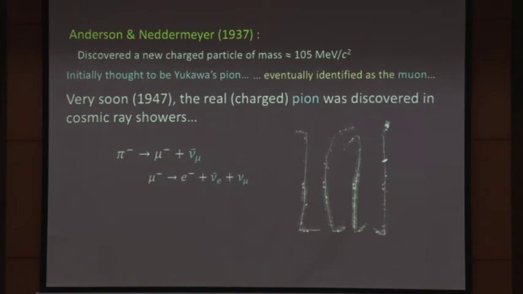And what was the reaction, or rather the decay? In any textbook on particle physics, I think you will find this picture. Here the pion decays into a muon and obviously a neutrino, a muon neutrino as we know today, and then the muon further decays into an electron and two more neutrinos.